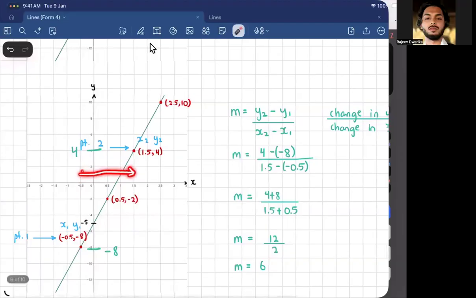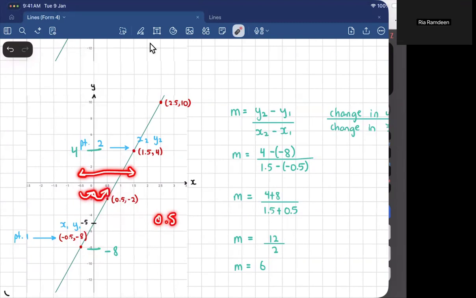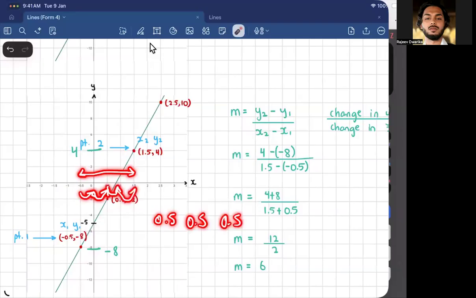So let me count. Minus 0.5 to 0 is what? 0.5. We're just considering distance here. 0 to 0.5 is what? 0.5. From 0.5 to 1 is? 0.5. From 1 to 1.5, 0.5.